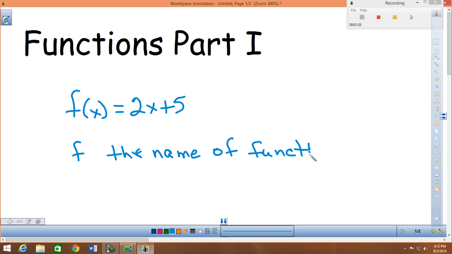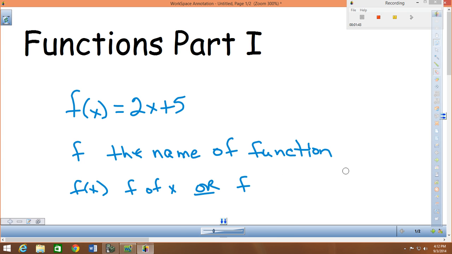F of x, this right here, you say f of x or f at x. That is the y value associated with the x value. Okay, so this is f of x or f at x. So it looks like fat. F at x.